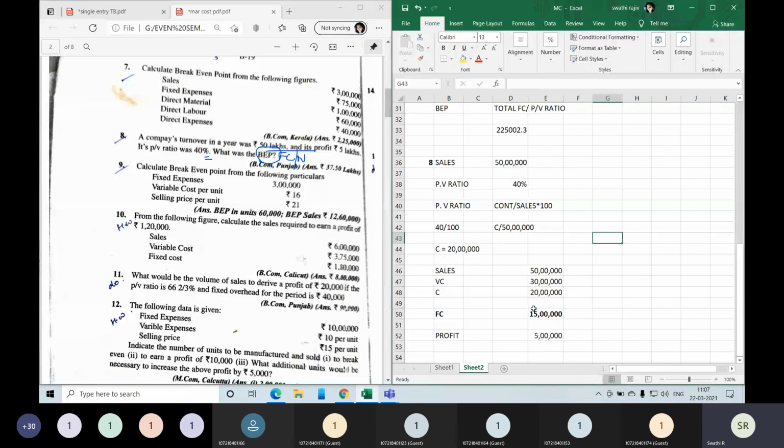All this is not even the answer. They are basically asking you to find BEP. What is the formula of BEP? It is total fixed cost. Please write it as fixed cost, don't write FC, divided by PV ratio of 40%. So please find out.